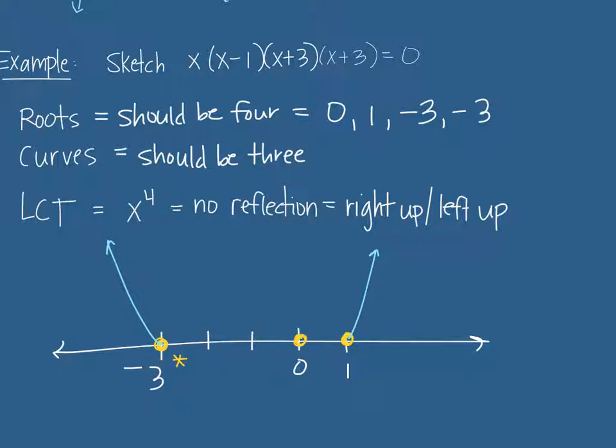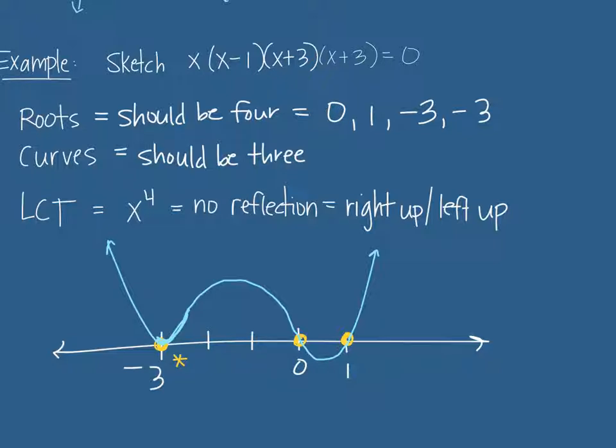There has to be a turn between 0 and 1. There has to be another turn between 0 and 3. But at 3, then, there needs to be my last turn. And so there is a turn right there also.